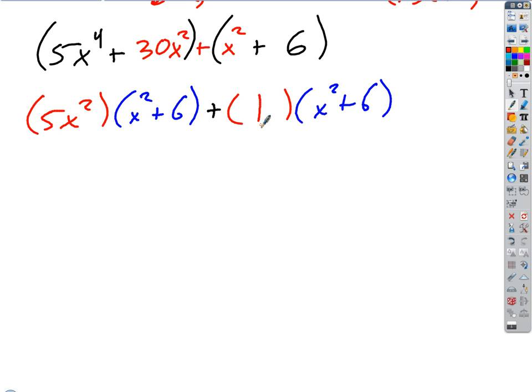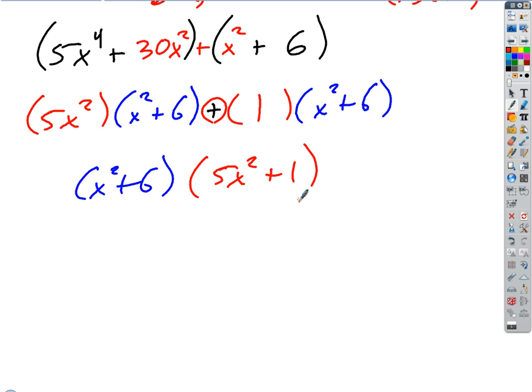Okay, and so what does this factor into? Good. So we can pull the x squared plus 6 out of each term, leaving us with 5x squared plus 1. Can I go any further? No. You got it. I'm convinced.